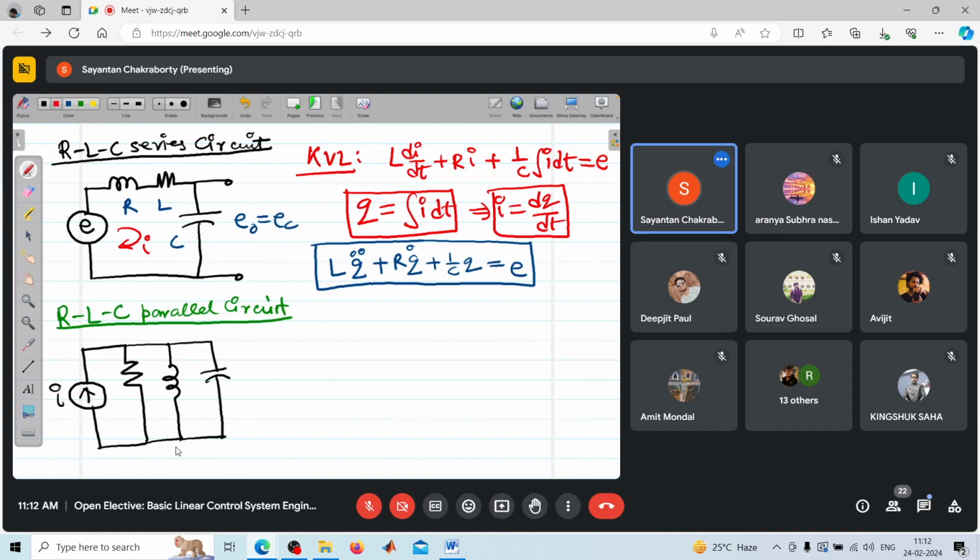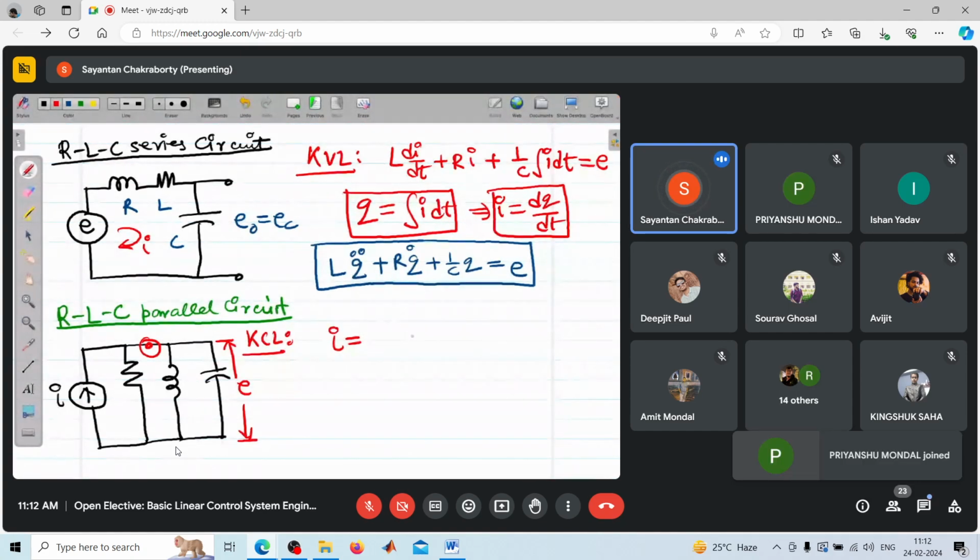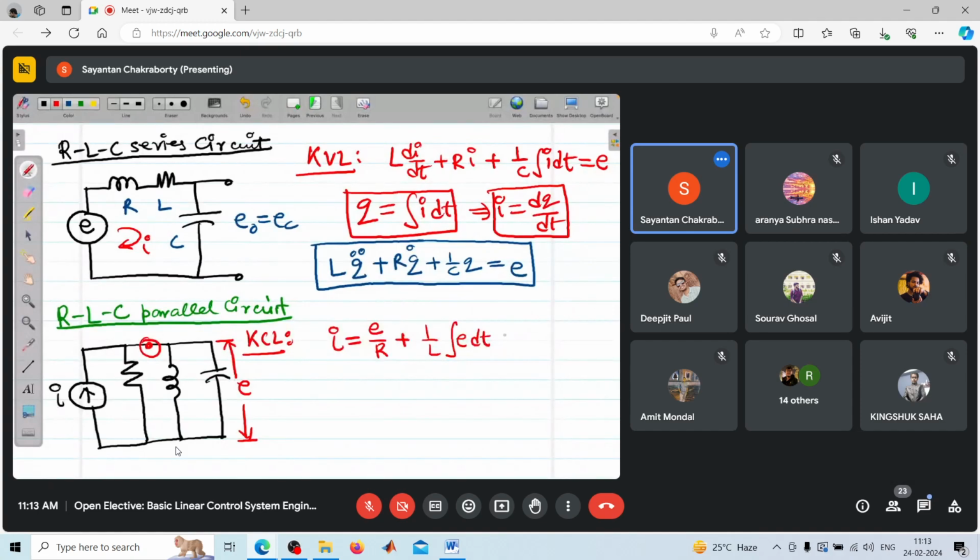If we apply KCL at this particular node, and if this voltage is E, then you can write the total current is equal to the current through the resistance, that is E by R, plus the current through the inductor, plus the current through the capacitor.